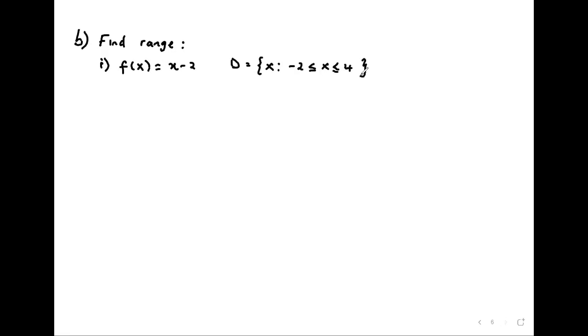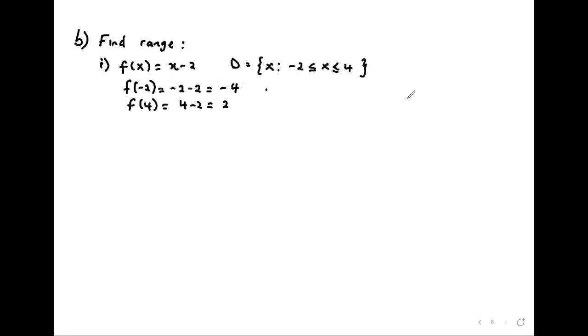So I want to find the range of this function given the domain. You substitute the smallest number, negative 2. So f of negative 2 will be negative 2 minus 2, which is negative 4. Substitute also the biggest number, 4. You get 4 minus 2, which is equal to 2.